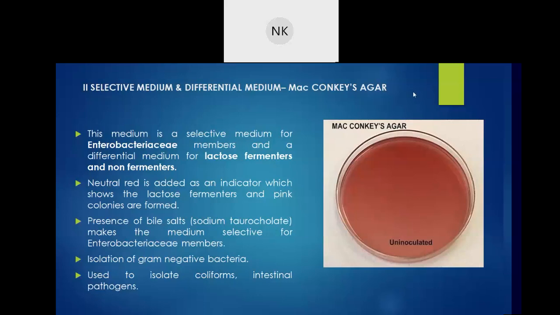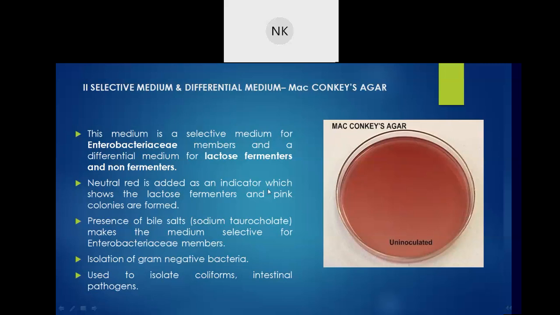Now if you see, neutral red is an indicator, a pH indicator, which will turn red at pH below 6. Usually at this pH, the neutral red turns red, and is colorless at any pH greater than 6.